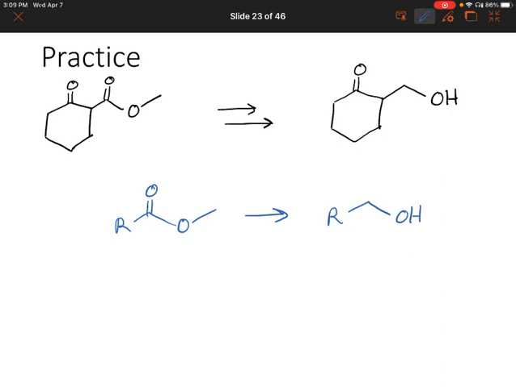Well, it looks like we need to reduce our ester, right? It also has a good leaving group on it. So if you think way back to last quarter, we can use a strong reducing agent like lithium aluminum hydride, and then some acid to protonate our oxygen at the end.